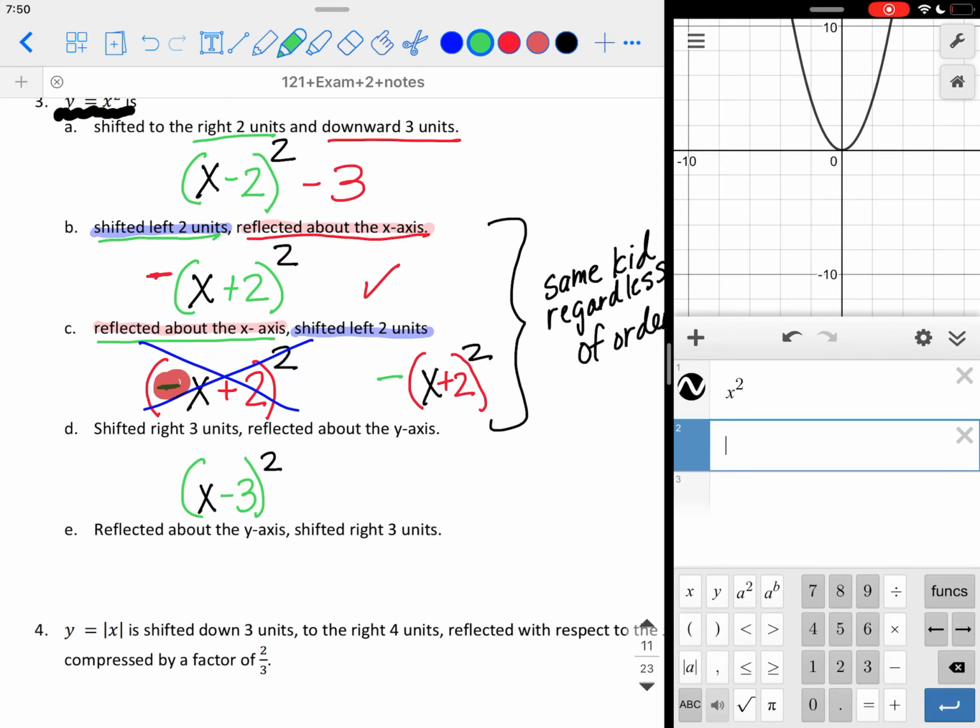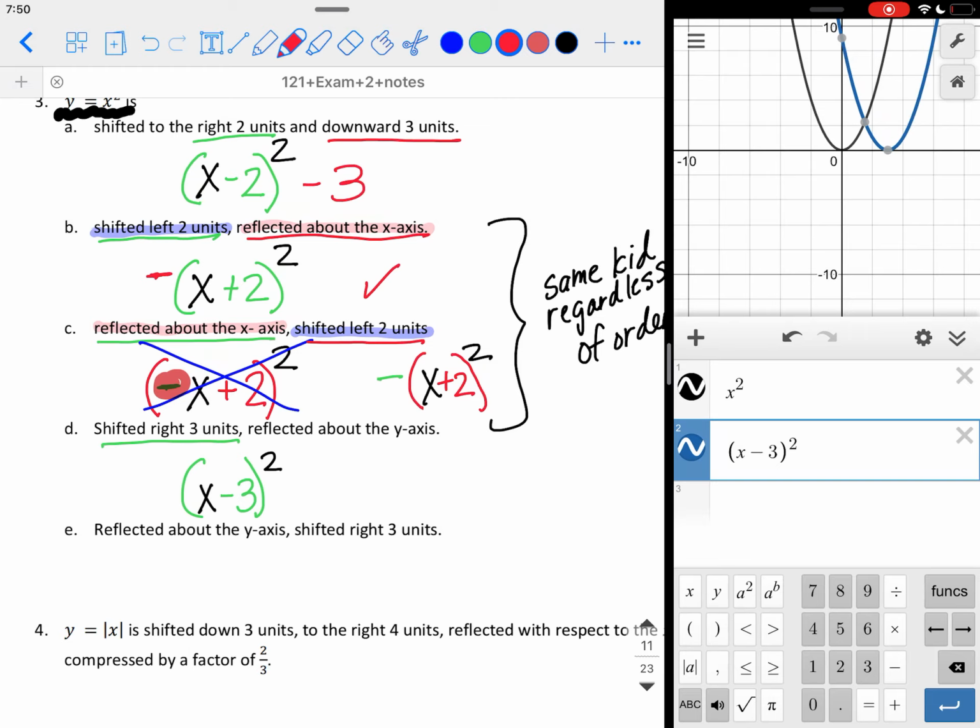So here we go: parentheses x -3, parentheses squared. What happened? There, x -3 and then squared. Yep, we shifted it to the right 3 units. That's this one right here, and I forgot the other red one, shifted to the left.